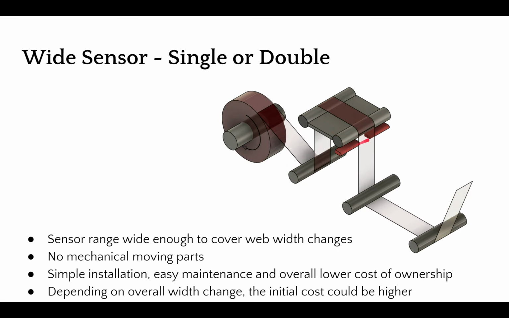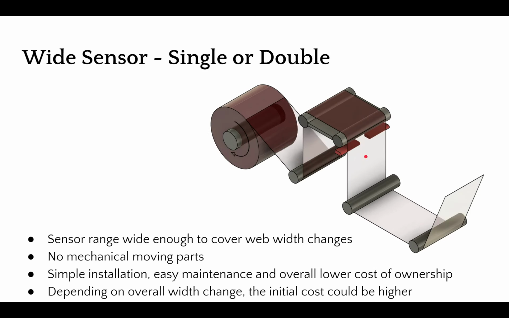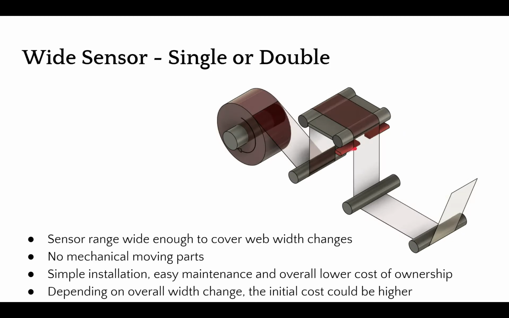Again, the two sensors will provide their own measurements, and then the control system will use the average of those two measurements. And if the sensors are wide enough to capture the entire width change that is experienced in the process, then this would be a really simple system to use. It doesn't have to be two sensors.